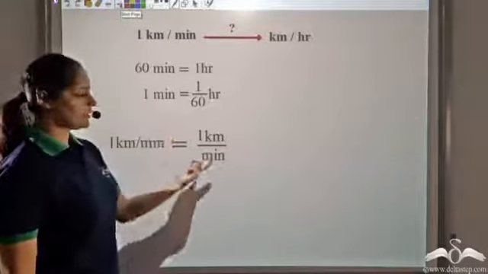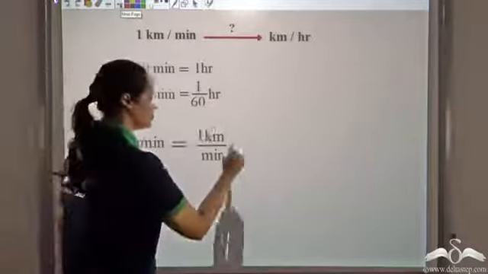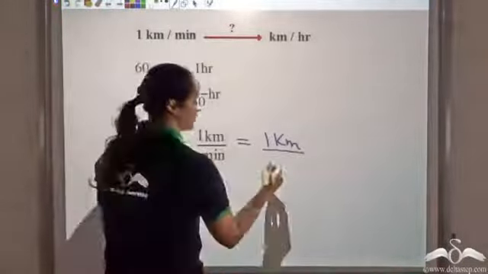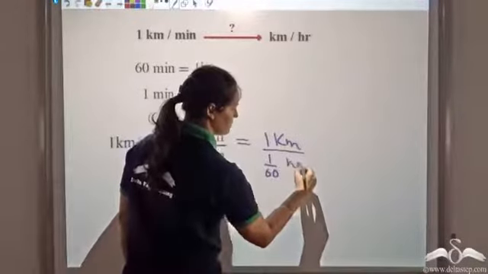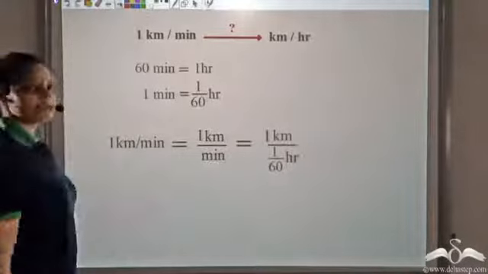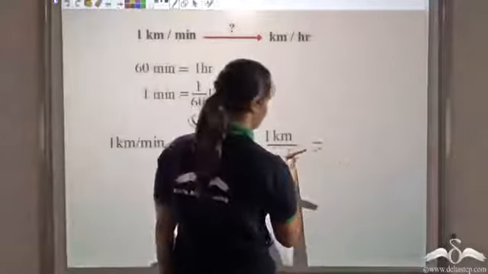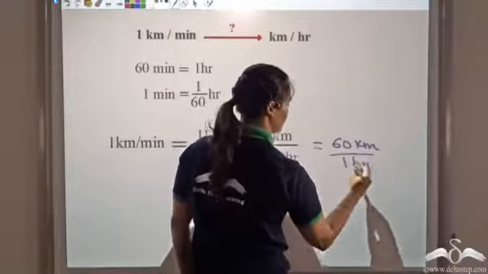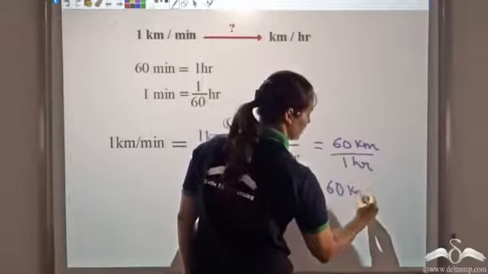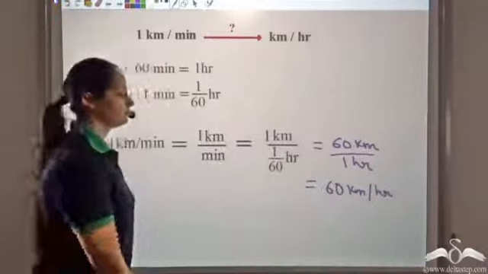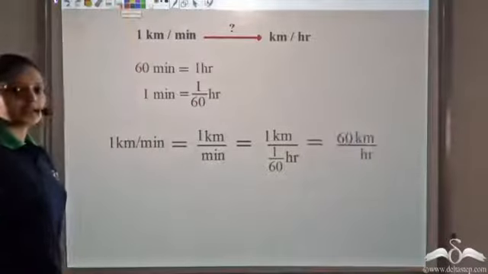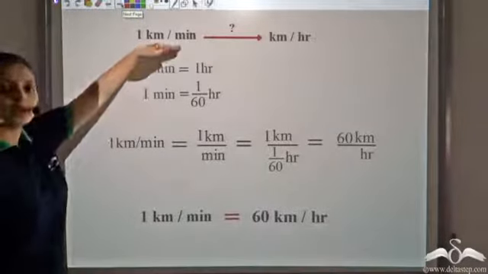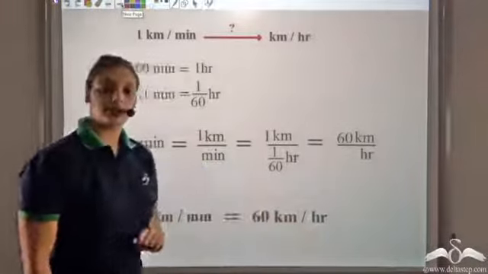Now I know that 1 minute is 1 by 60 hour. So I can replace 1 minute by 1 by 60 of an hour. So I get this, which gives me, dividing the two, I get 60 kilometers by 1 hour, which is nothing but 60 kilometers per hour. So I get that 1 kilometer per minute is equal to 60 kilometers per hour.